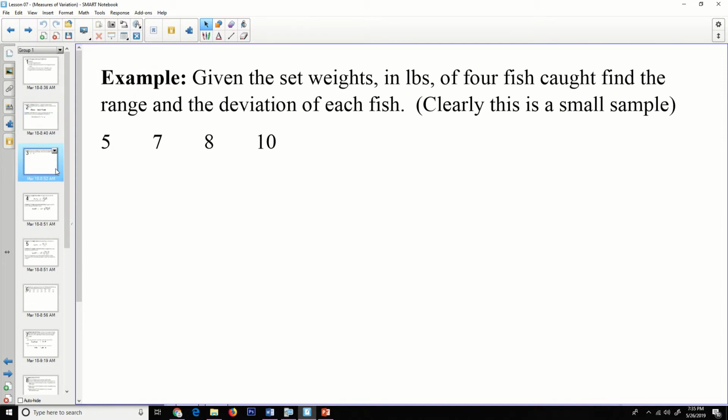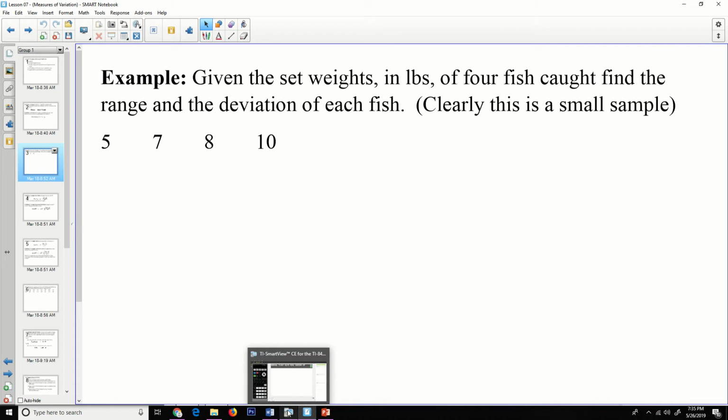So just as a real quick example, given the set of weights in pounds of 4 fish caught, find the range and the deviation of each fish. Clearly this is a small sample, so we're just doing this out of convenience.